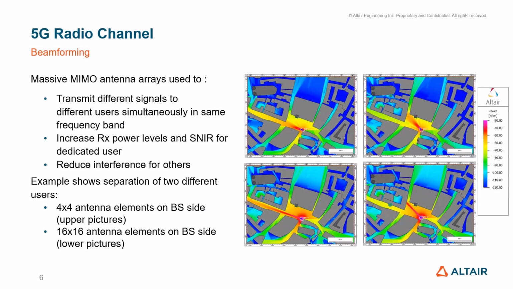The upper two pictures show the coverage using antenna patterns defined for a 4x4 antenna, and the lower ones use antenna patterns generated with a 16x16 antenna element array. It is clearly seen that for the lower two cases, the beams are pointing in a more directive way, so the more antenna elements you have, the more you can separate users while performing the beamforming analysis.